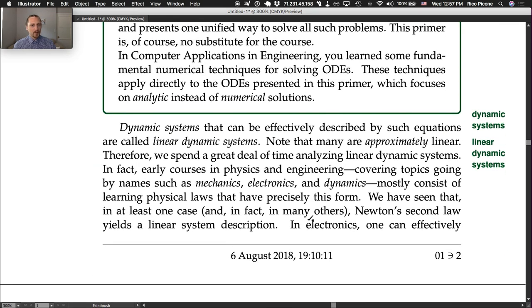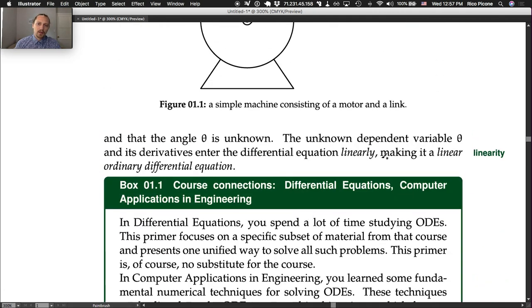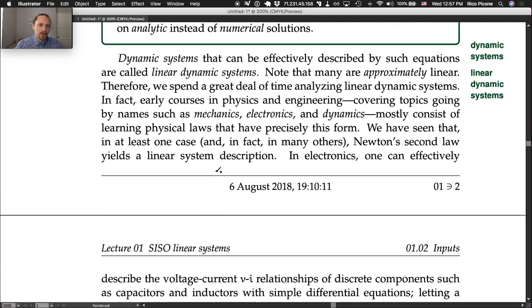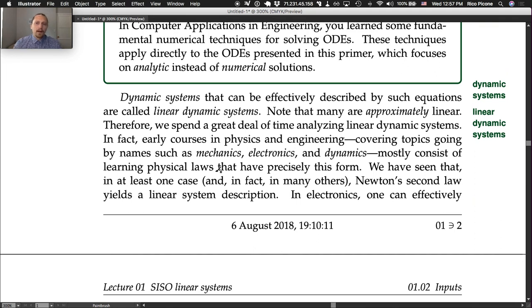Dynamic systems that can be effectively described by such equations, linear ordinary differential equations, or linear ODEs, are called linear dynamic systems. So we introduced systems, then dynamic systems, and now specifically linear dynamic systems. Note that many systems are approximately linear.